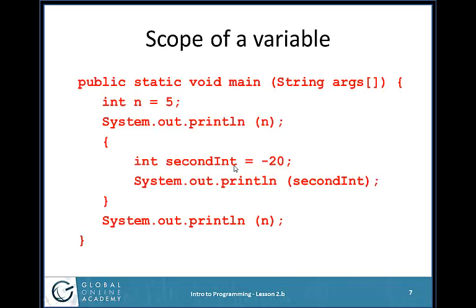If I have int secondInt equals -20, secondInt can be used from wherever I declare it until the end of its enclosing braces. That's down to here. So I can print out secondInt inside these braces. If I tried to print out secondInt after the brace, I'd get an error message from Java. But, of course, I can still print out n because the scope of n goes up until this brace.